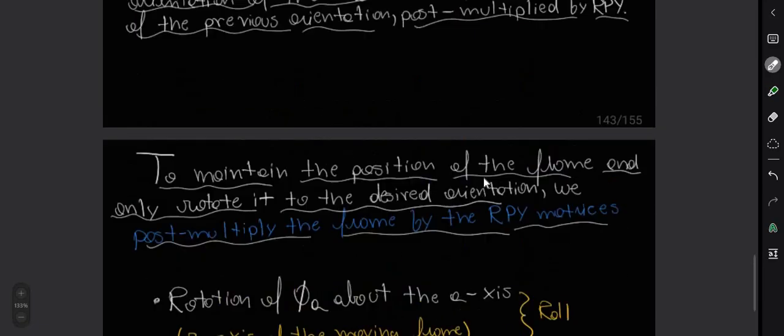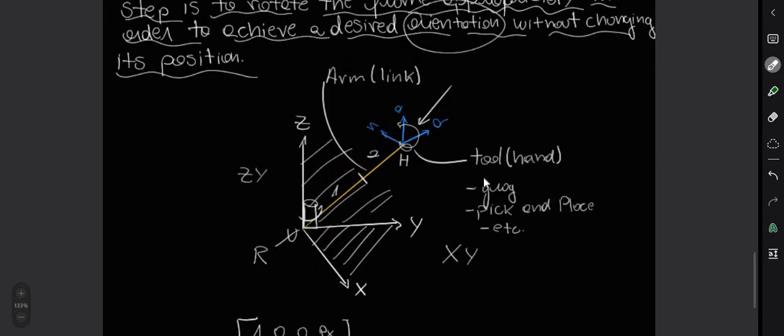So right here, again, let's use an example. Right here is the frame, and right here is the reference frame.